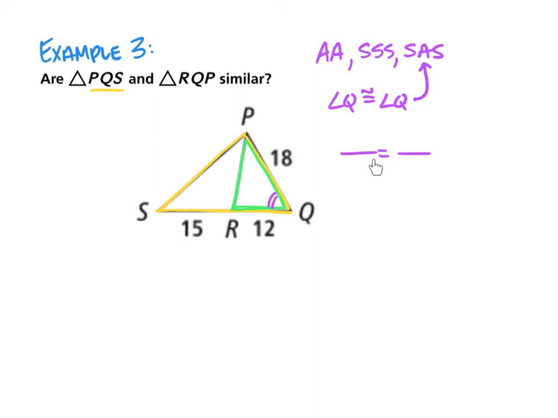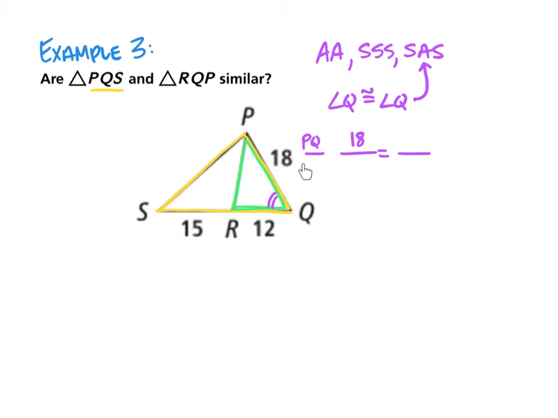So first of all, I'm going to look at my yellow triangle, and I'm going to pick out the shorter of the 2 sides I know for the yellow triangle, which is the side that is 18 units long. That's PQ. All right, so PQ. And I'm going to pair that up with the shorter of the two sides that I know for the green triangle, which is RQ.